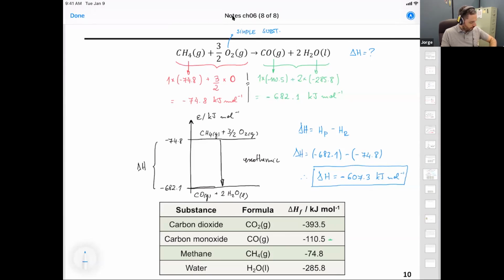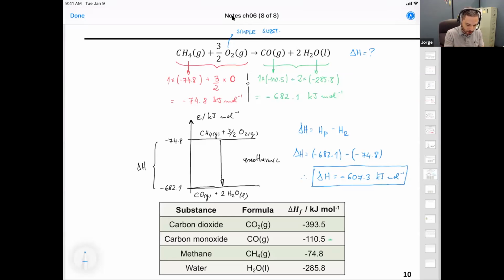Therefore, for each mole of methane that reacts with 3.5 moles of oxygen, the amount of energy produced is 607.3 kilojoules. And that's how we are going to use the enthalpy of formation for each of the components in the reaction to determine the delta H of the global reaction.